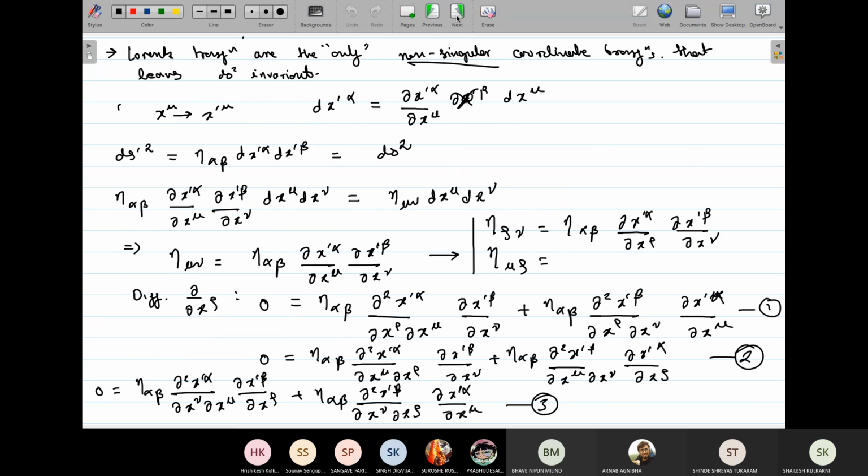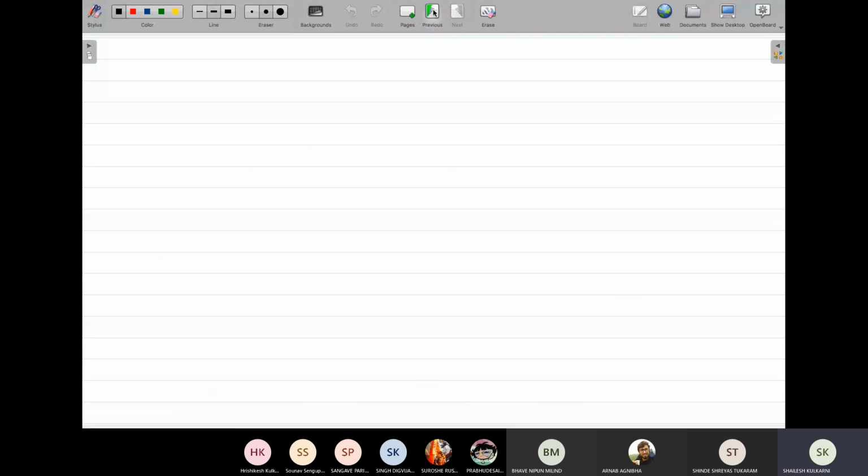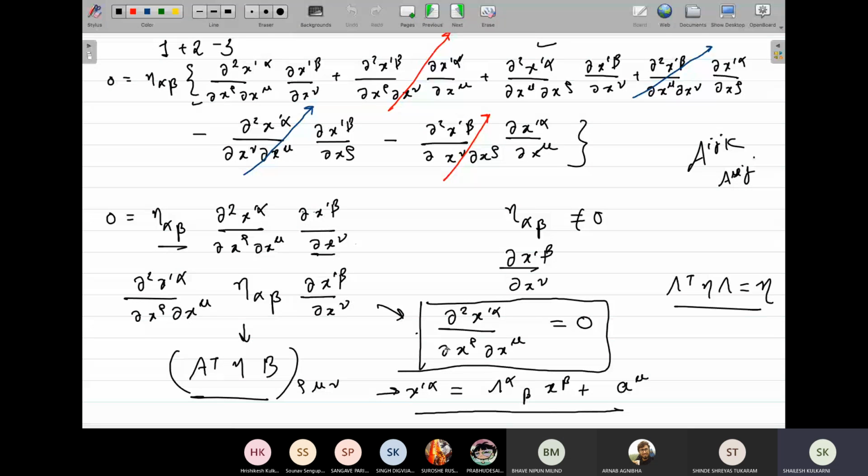The result which I am drawing, okay, clear? So from now onwards, we take coordinate transformation as a Lorentz coordinate transformation, or Lorentz transformation. Is it clear? Any question till now?